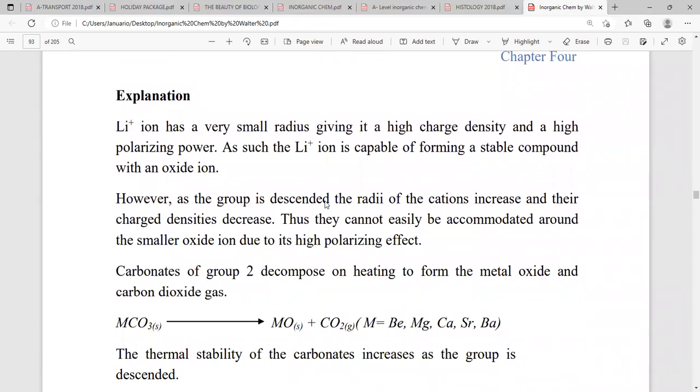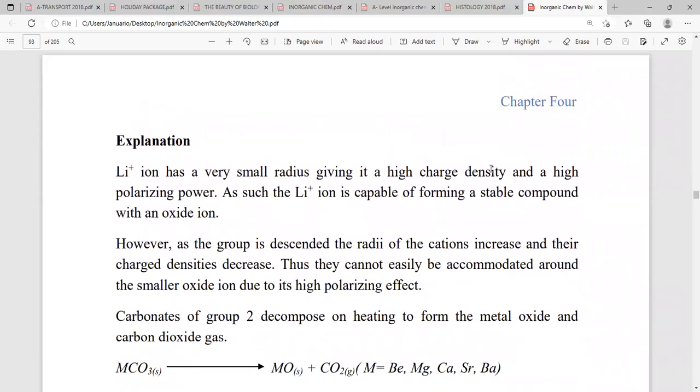Why does lithium carbonate decompose? It is because lithium has a very small radius, giving it a high charge density and high polarizing power. As a result, it is capable of forming a stable compound with an oxide. However, as you go down the group, the radii of the cations increase, hence their charge densities decrease, and thus they cannot be easily accommodated around a smaller oxide due to its polarizing effect.